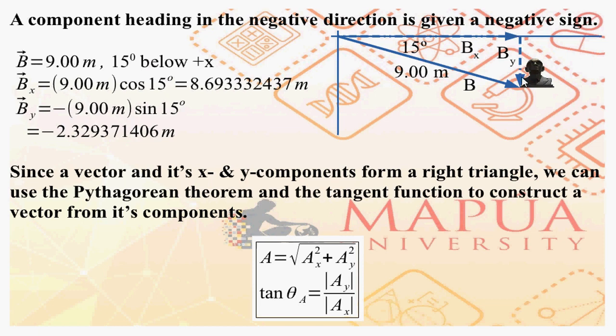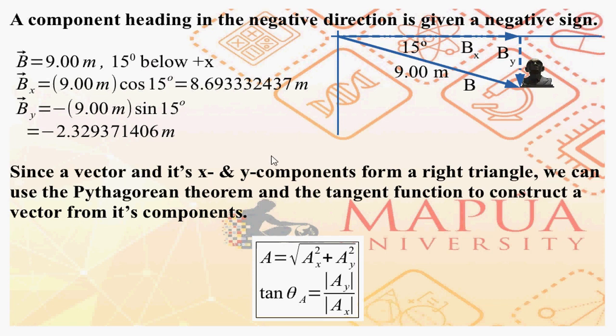By is in the negative y direction, so you have negative sine. So by is equal to negative 9 meters sine of 15 degrees. These are the x and y components of B, bx and by.